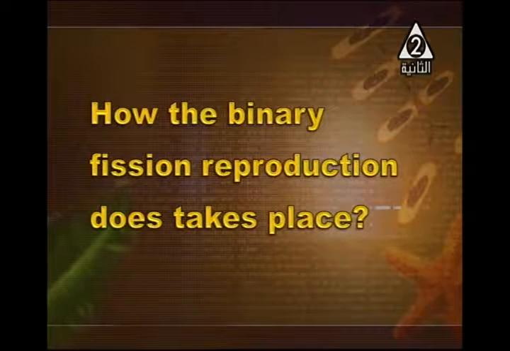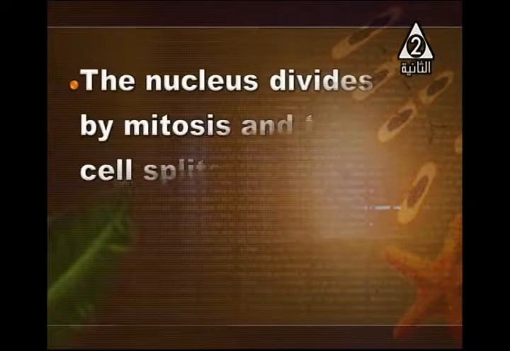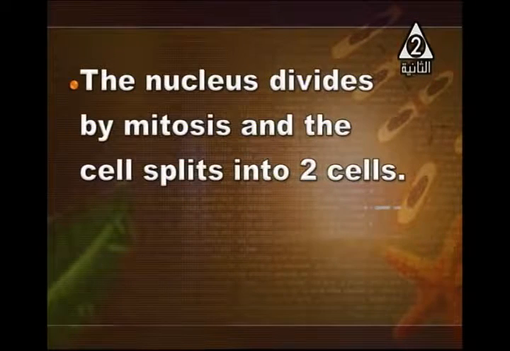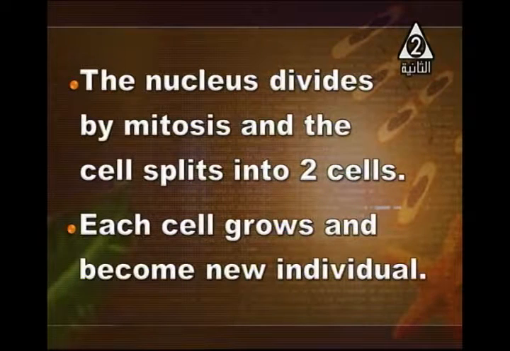How does binary fission reproduction take place? Firstly, the nucleus divides by mitosis and the cell splits into two cells. Each cell grows and becomes a new individual. This new individual is a full copy, similar to the mother cell or the parent cell.